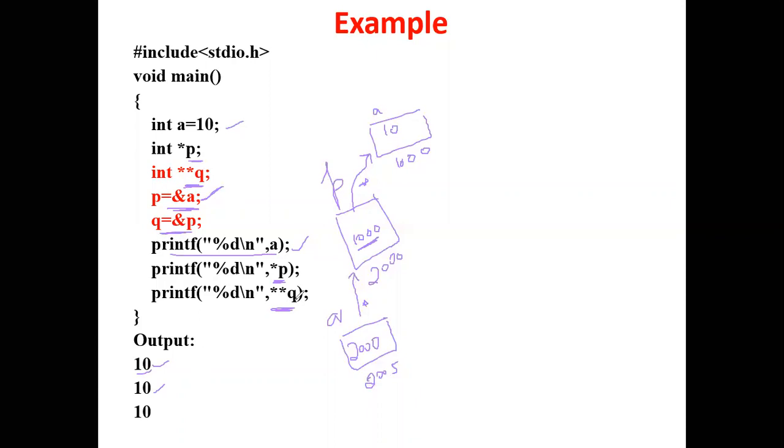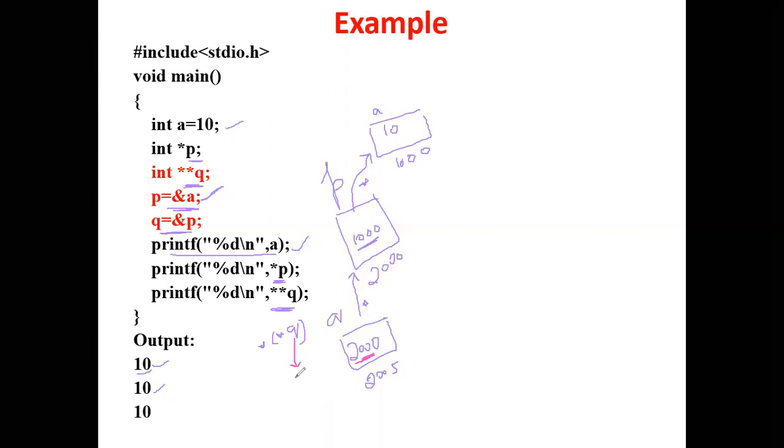So **q works something like this. First is *q. What is *q? The value that is stored in the address 2000. What is the value that is there in the address 2000?